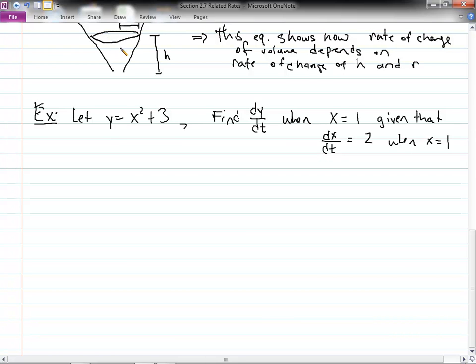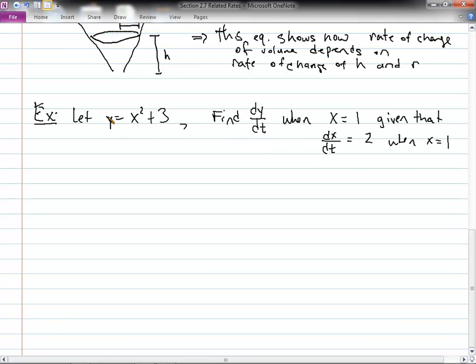All right? So notice, what is this derivative with respect to in the question? Yeah, the top variable is what you're taking the derivative of, right? So we're taking the derivative of y. With respect to is the bottom variable, t. So dy/dt means the derivative of y with respect to t.